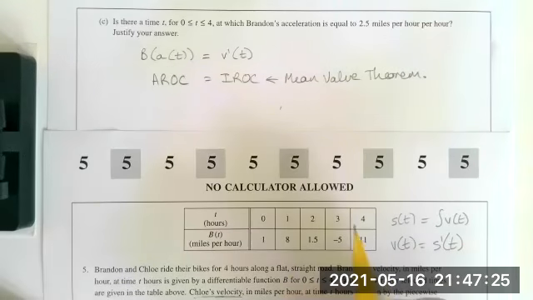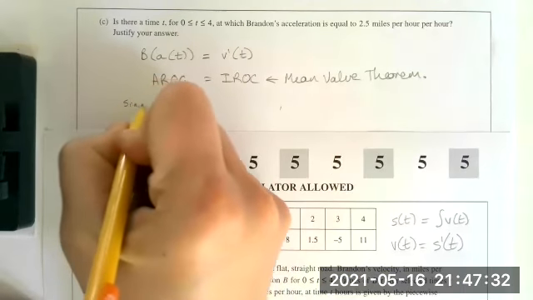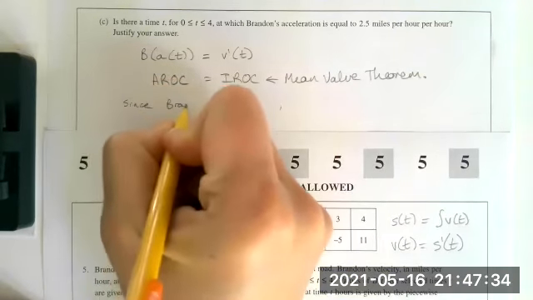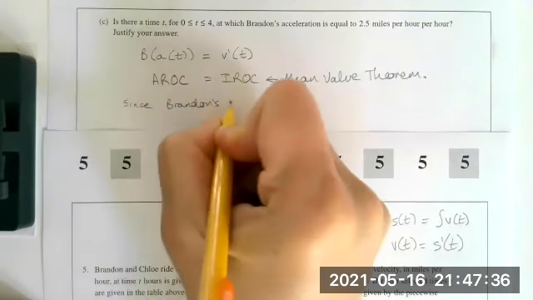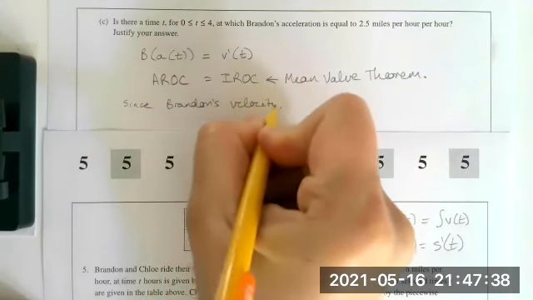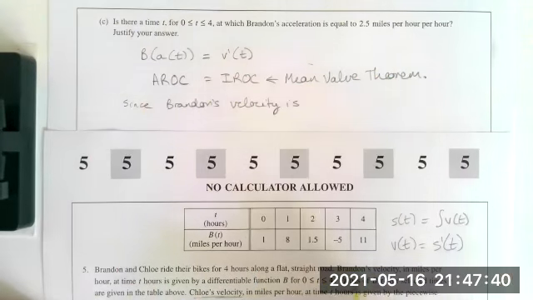So to use the mean value theorem, we have to clear some stipulations first. Since Brandon's velocity is, and let's just make sure, differentiable, yay.